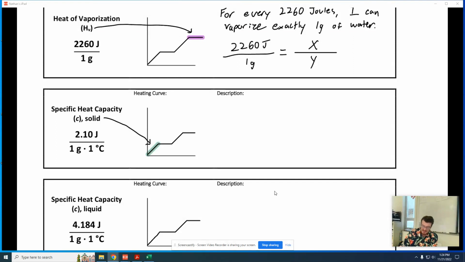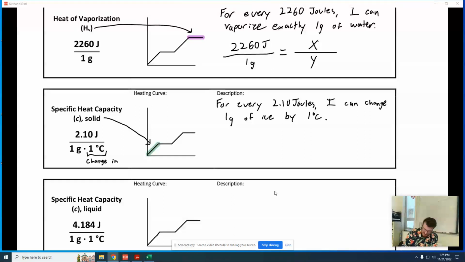If we wanted to write this as a for-every statement, I could say for every 2.10 joules of energy, I can change 1 gram of ice by 1 degree Celsius. The important thing here is that this 1 degree Celsius is not a starting temperature or an ending temperature. It is always representing a change in temperature.